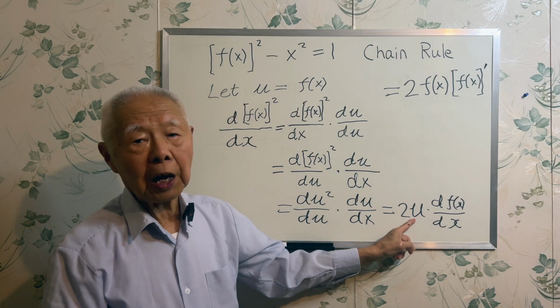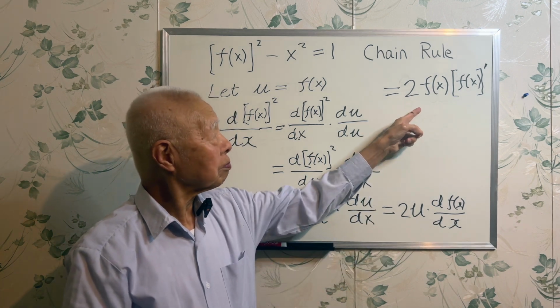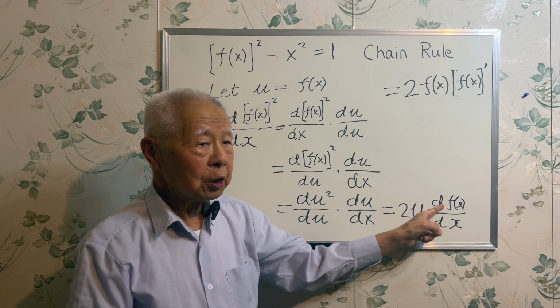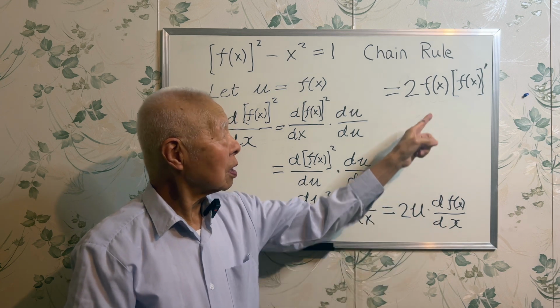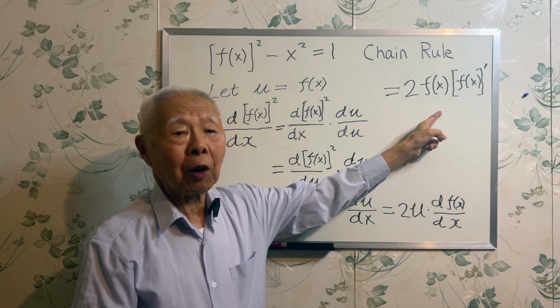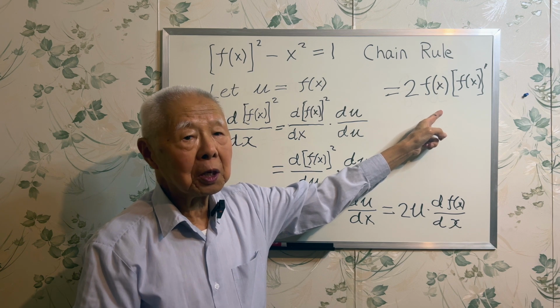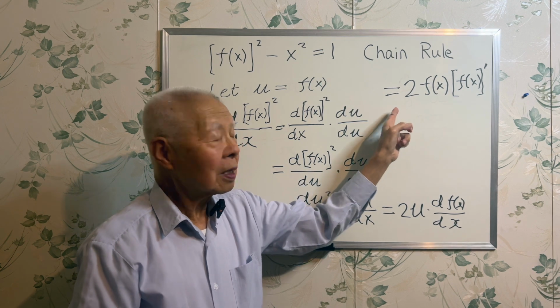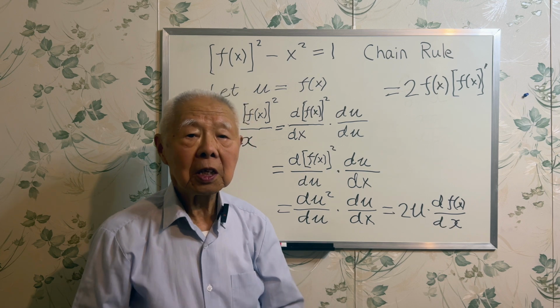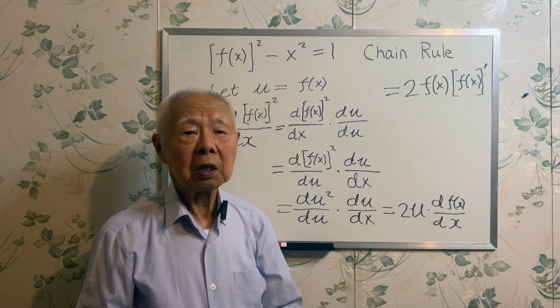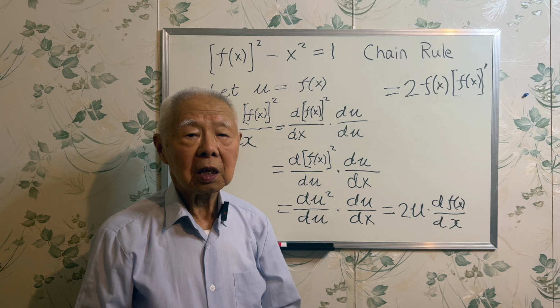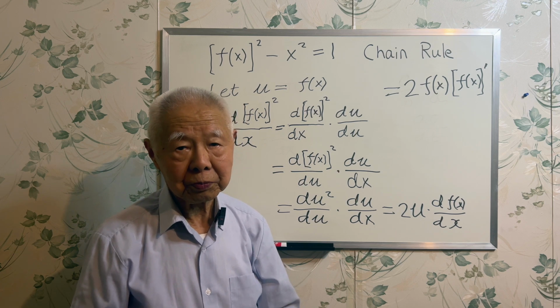U is f of x. Derivative of f of x, you can use prime notation, f prime of x. And that is the step in my last video, a challenging question.